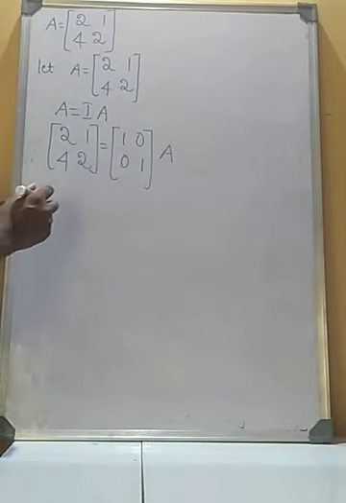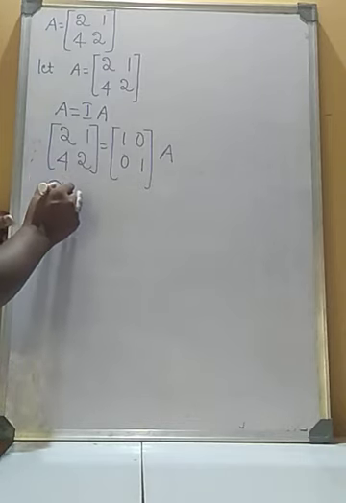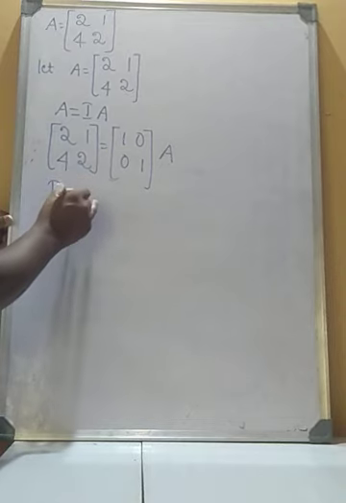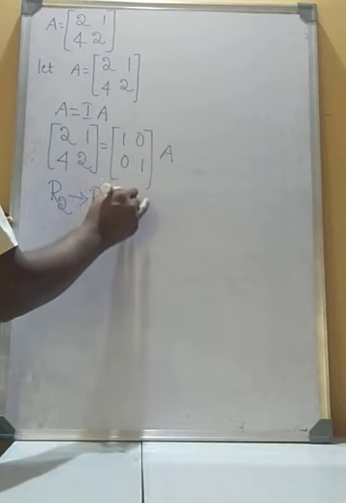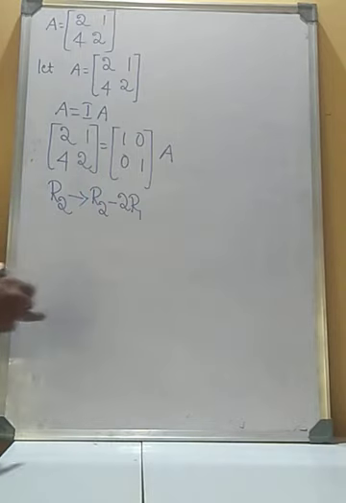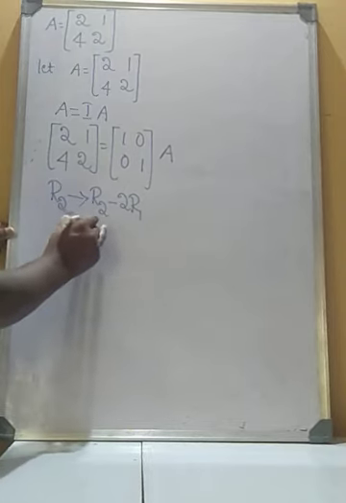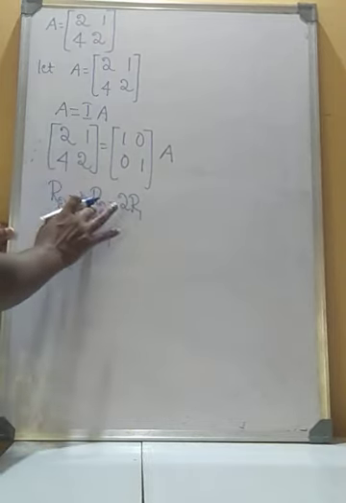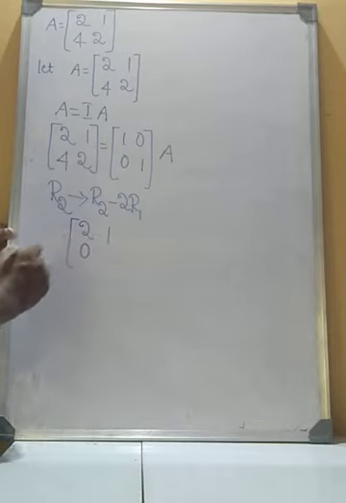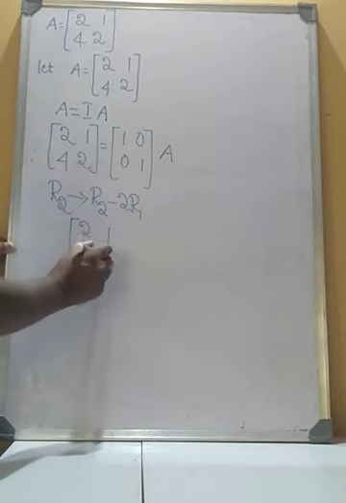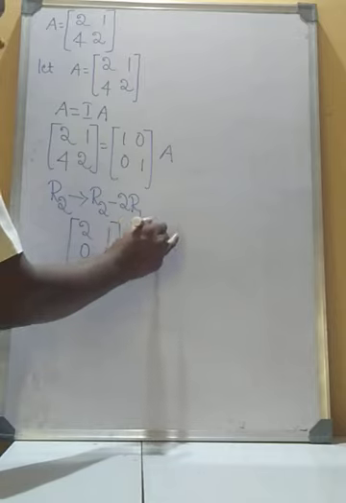By using row operation, applying R2 minus 2 R1. So therefore first row elements 2 1 as it is. R2 is 4 minus 2 into 2, 4 minus 4 is 0; 2 minus 2 is 0. Equal to 1 0.